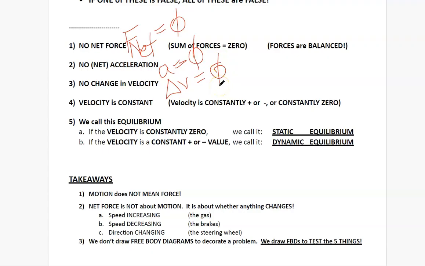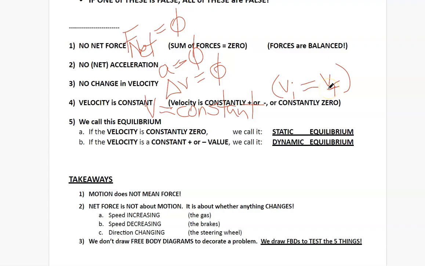If any one of these is true, all of them are true. Well, if the velocity isn't changing, then another way to say that is the velocity is a constant. It's not changing. You can think of it as the initial velocity being the same as the final velocity, but it really means that none of the velocities along the way are different.